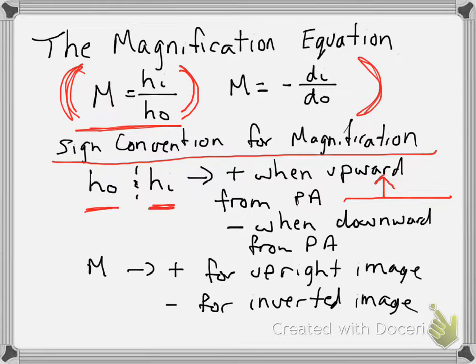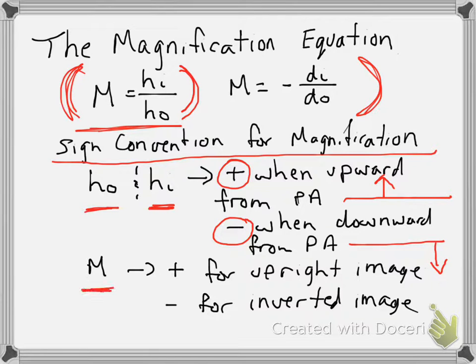When they are downward, so when the image is inverted or down from the principal axis, then it is negative. Slight differences, but they make huge differences in your calculation. So you need to know when an object is upwards and when it's downwards, and make sure you include that in the information you're given in your question.